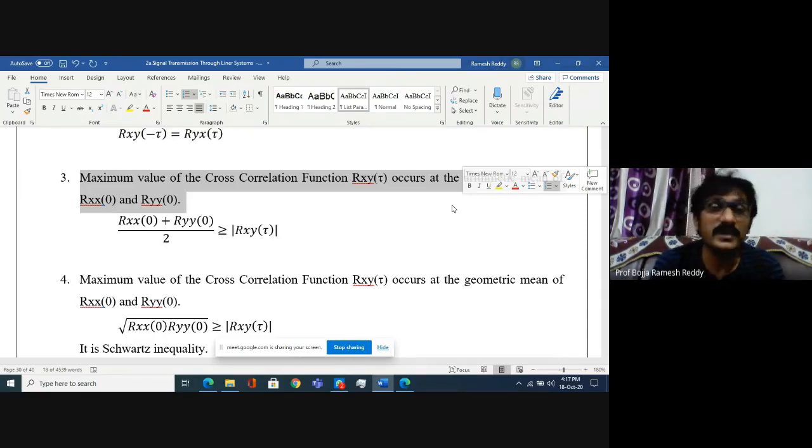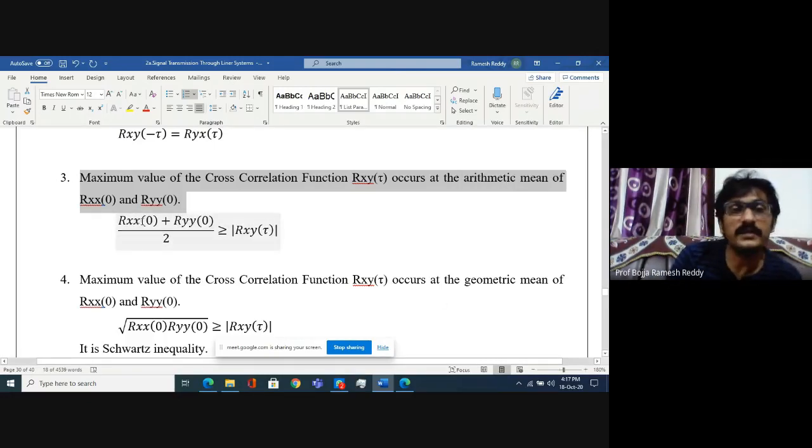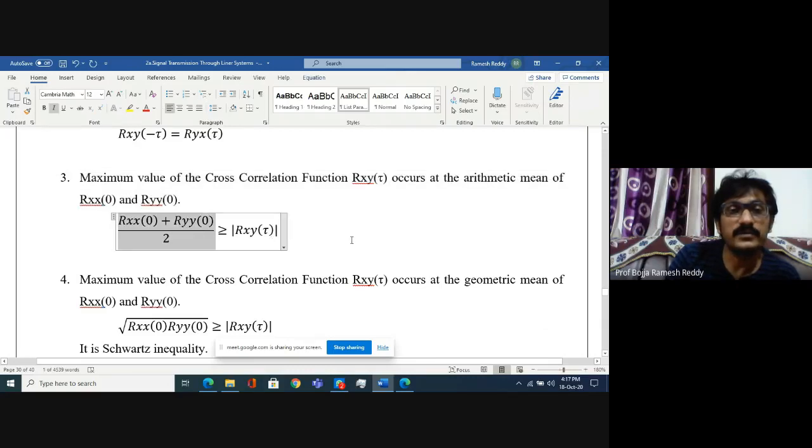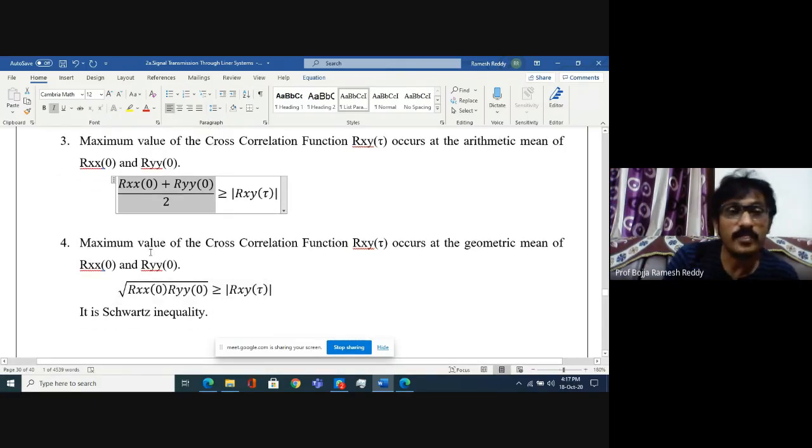Now take the average of those two, rxx of 0 plus ryy of 0 over 2. That is the maximum amplitude of the cross correlation function, which is greater than or equal to rxy of tau.